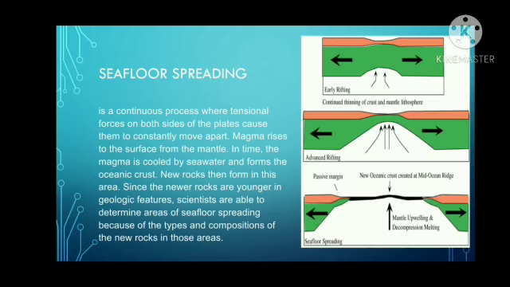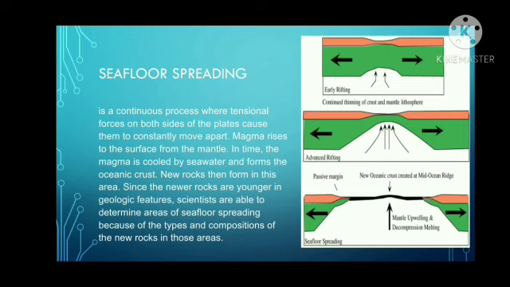Seafloor spreading is a continuous process where tensional forces on both sides of the plates cause them to constantly move apart. Magma rises to the surface from the mantle, as you can see in our image. In time, the magma is cooled by seawater.